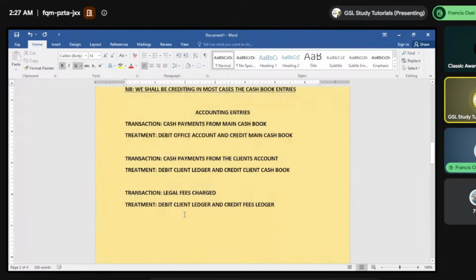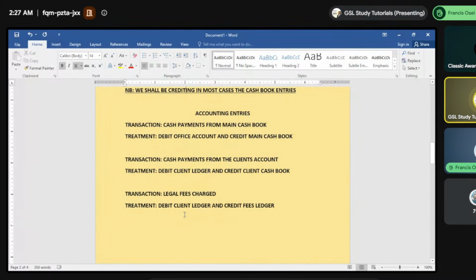So the first one they spoke about is payments made on behalf of the client from the firm's cash resources. Please, you people, do you want me to change what I have here and put what exactly is in the manual, or do you want me to add it to it?